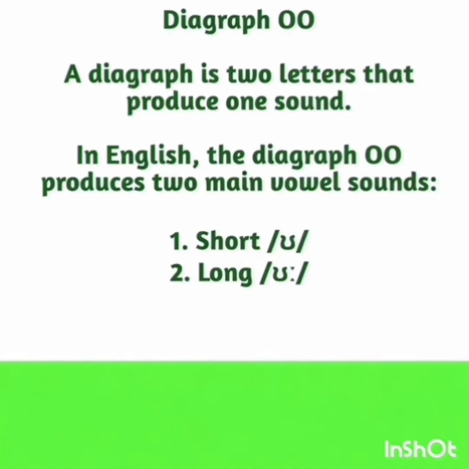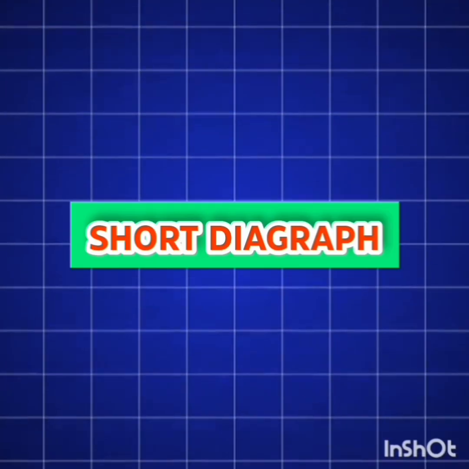The OO in book is said to be short, and the OO in food is long. What differentiates between them? How do I differentiate between them? It is very easy to differentiate between the digraph OO that is long and the one that is short.